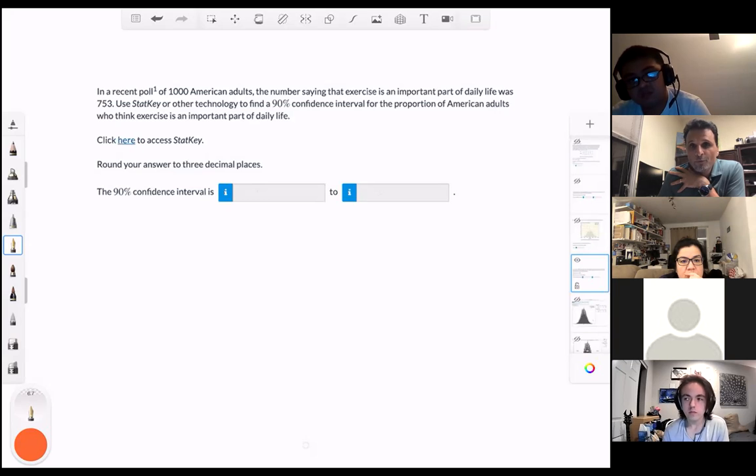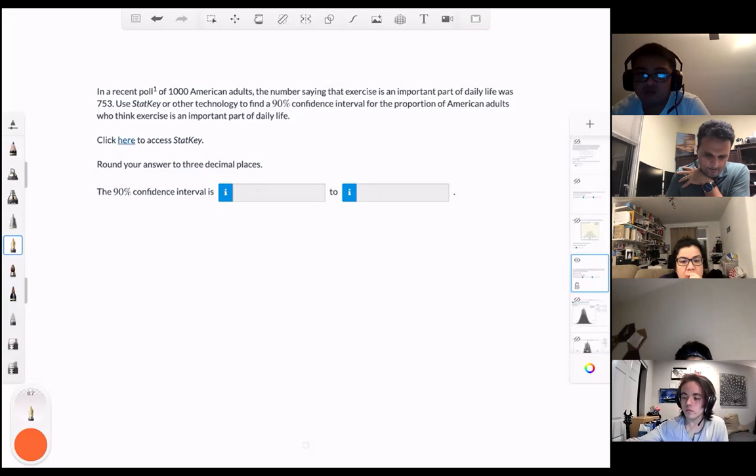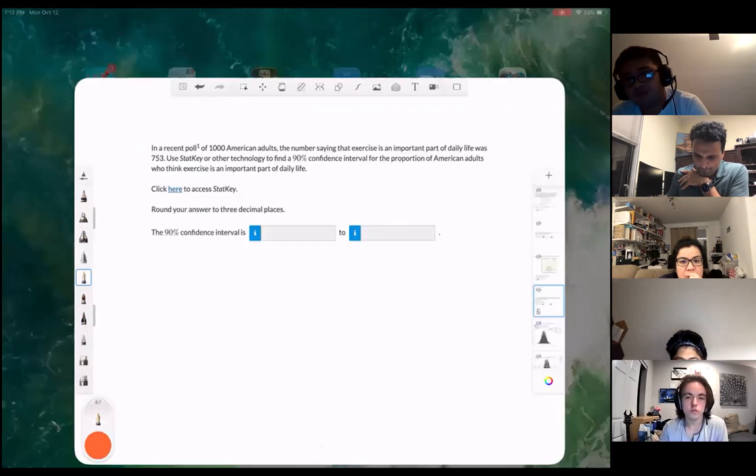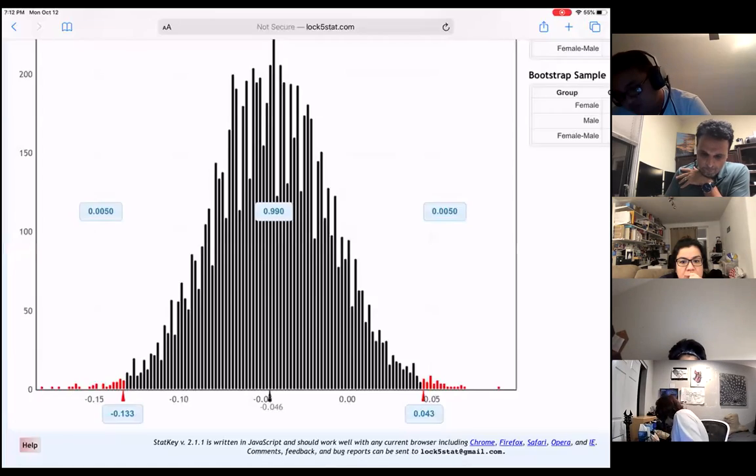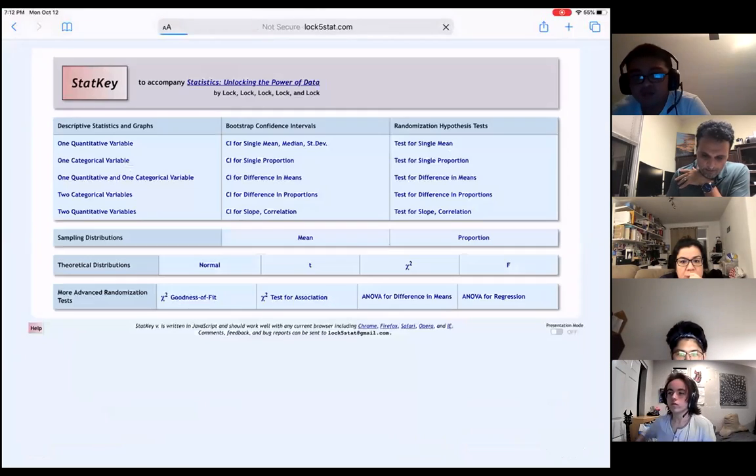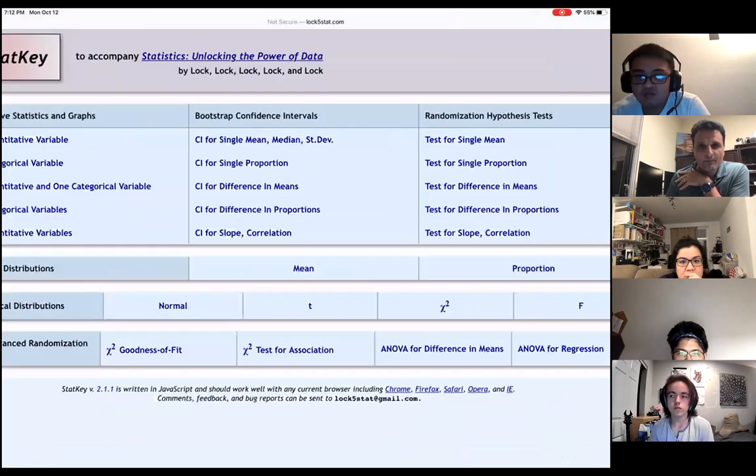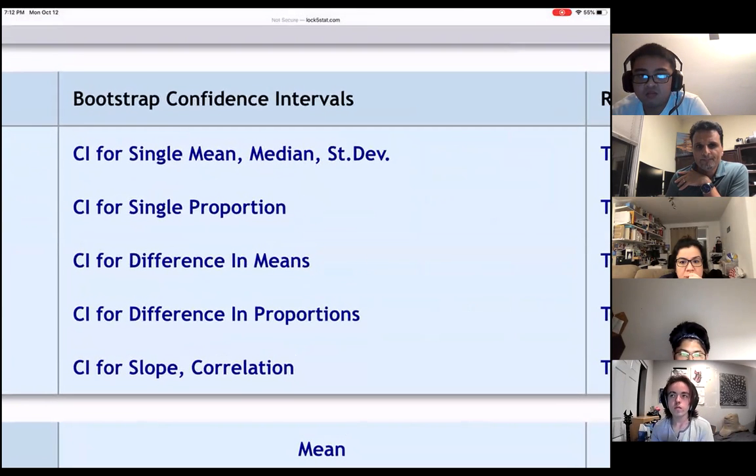So we are dealing with proportion again. When we go to StatKey, we need the confidence interval. Here are all the options.